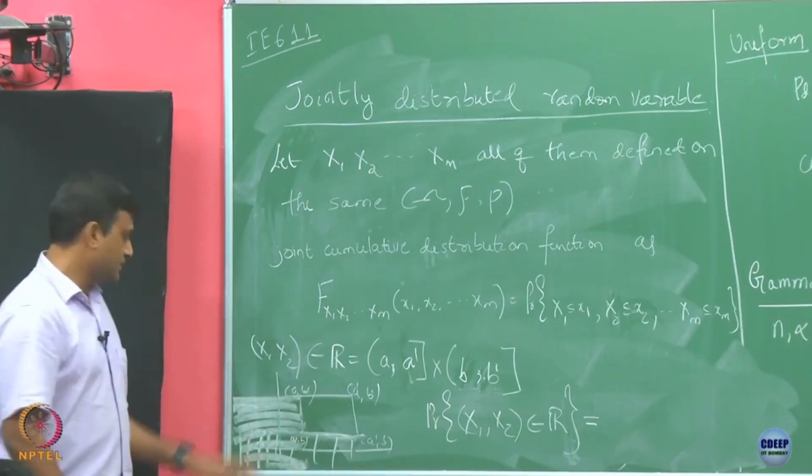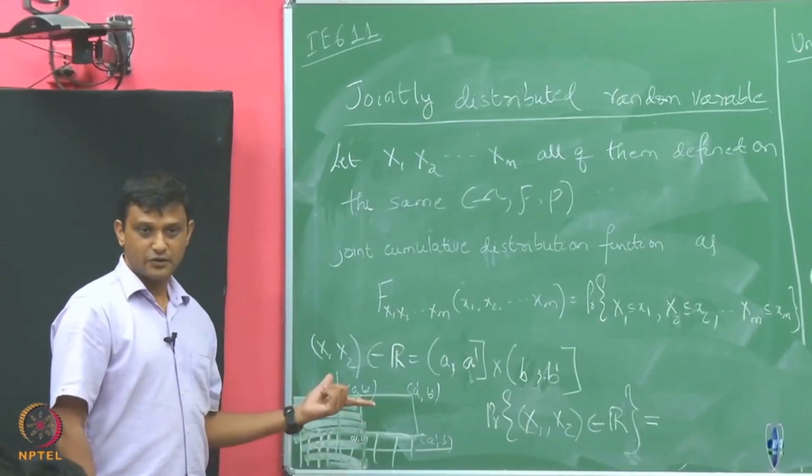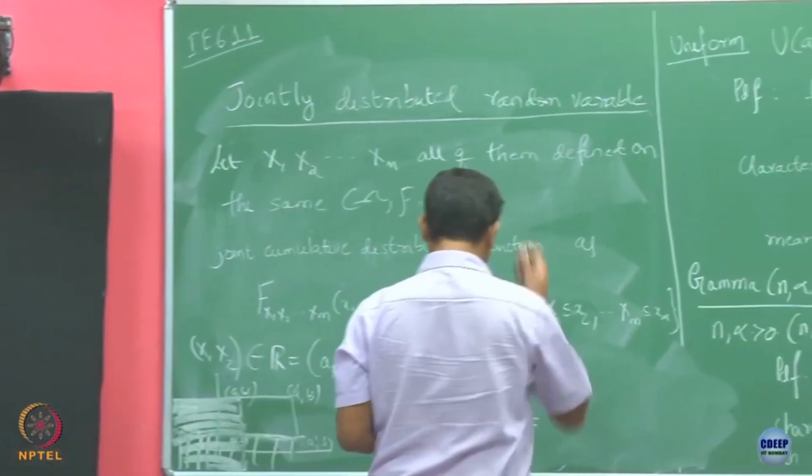So when I do this, I am subtracting this region twice, right? Maybe I have to add it back. So let us write this. If I do this, is this correct?